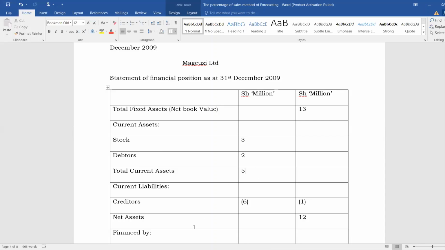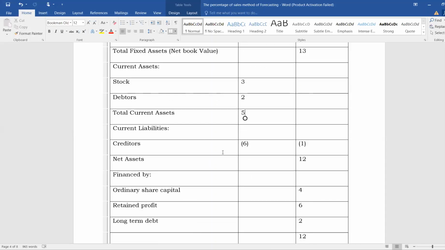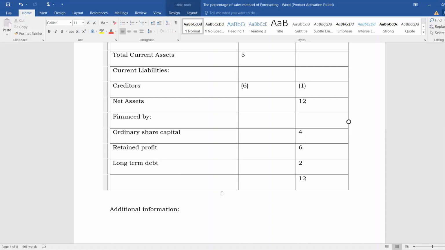Those are the current assets. Current liabilities, moja tu, creditors. So working capital, 5 minus 6, working capital minus 1. So net assets 12. Financed by ordinary share capital 4 million, retained earnings 6 million, long-term debt 2 million. The total is 12.